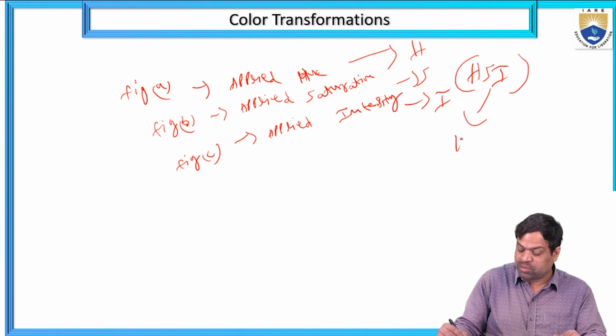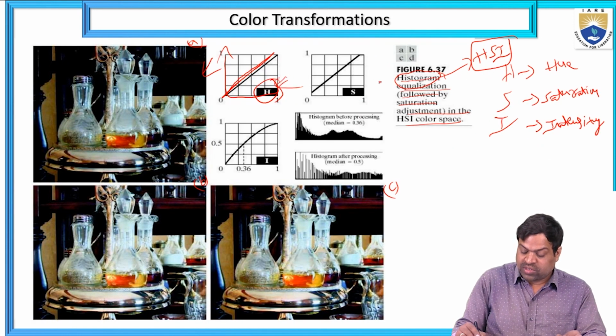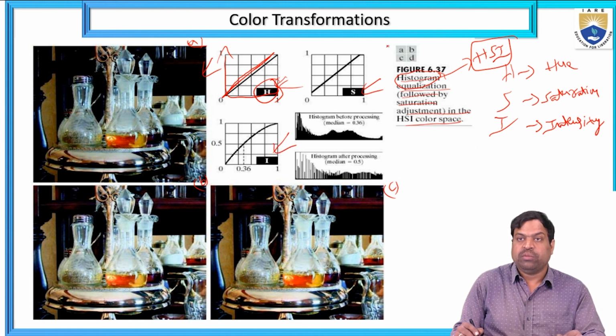This HSI I am calling the histogram process. I applied hue, saturation and intensity to the image, and the output is the histogram output. The technique I applied is the HSI technique, with hue, saturation and intensity values applied here.